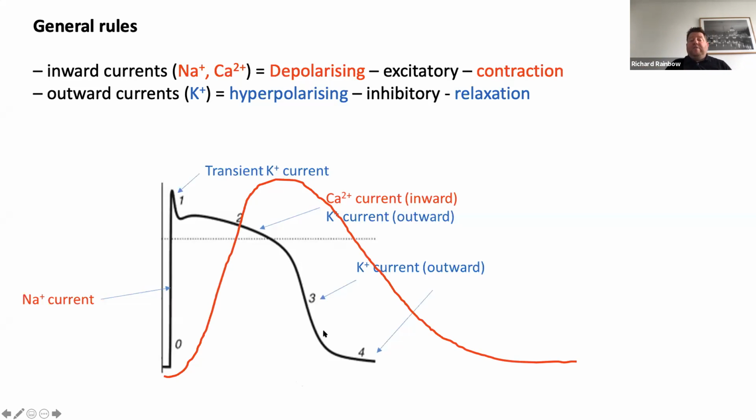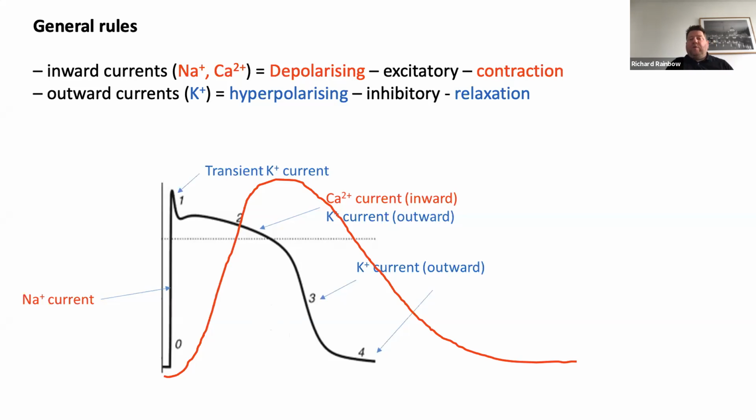So the KATP channel is really important in this case, because if ATP is low in the cell and this channel opens, it gives you a really big potassium current, and that big potassium current will shorten the action potential because it will increase this repolarizing potassium current. So the more potassium current you've got, the more likely you are to have a short action potential.